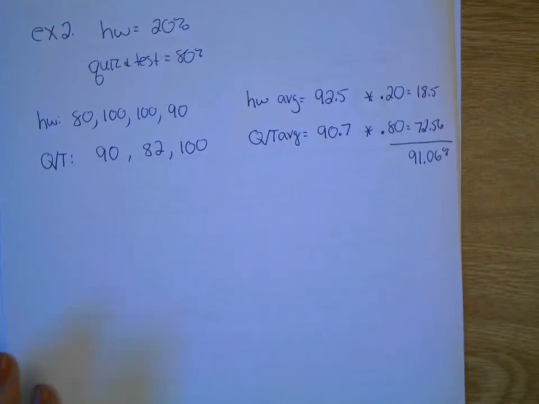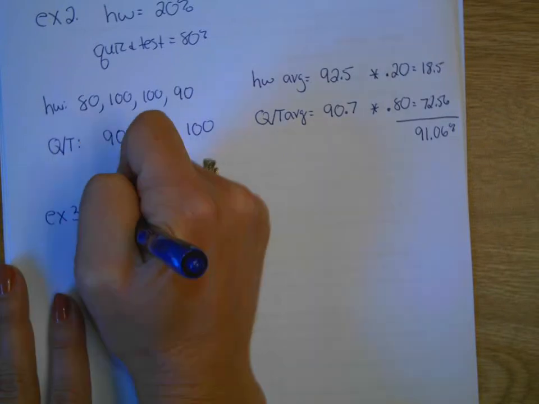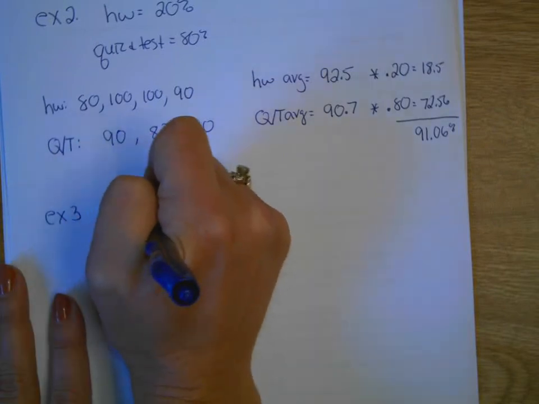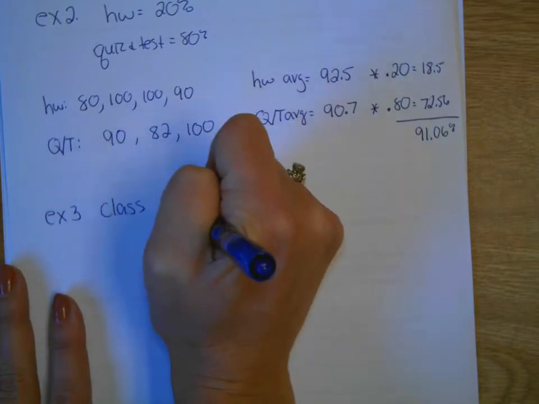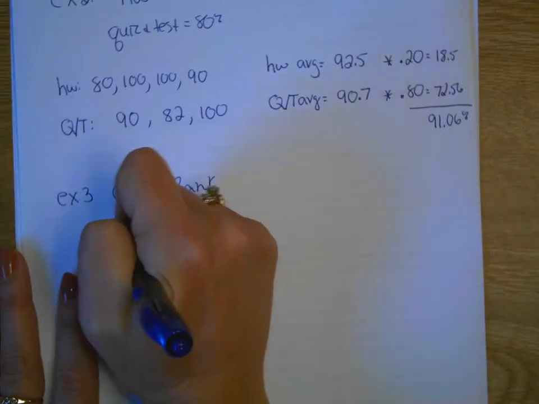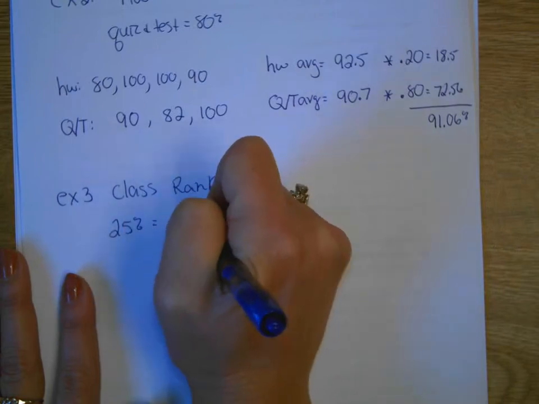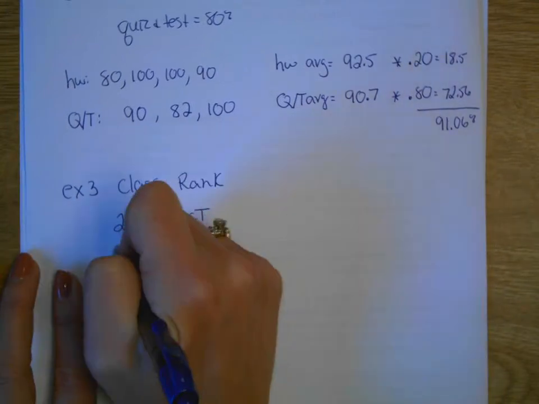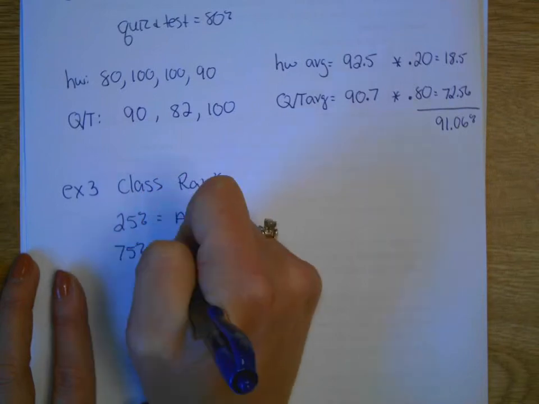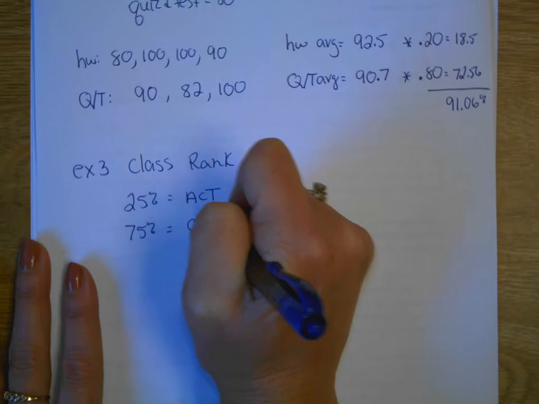Okay, let's quickly do one with the class rank. So this time there's only 2 scores. 25% is your ACT, and 75% is your GPA.